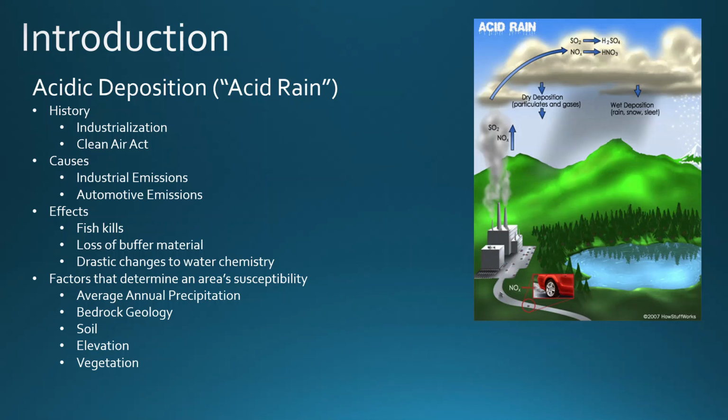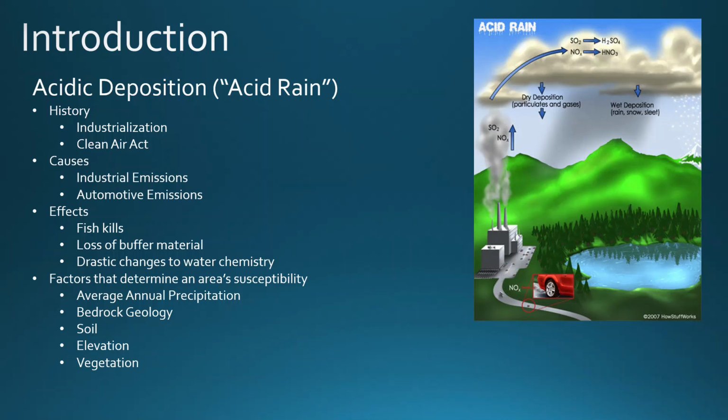The most important amendment in terms of addressing acid rain, though, came in the 1990 amendment to the Clean Air Act, which created programs for acidic deposition control. And that's really where we started to see changes in the amount of sulfur oxides and nitrogen oxides being added to the environment. And we saw drastic changes in the amount of acid rain occurring.